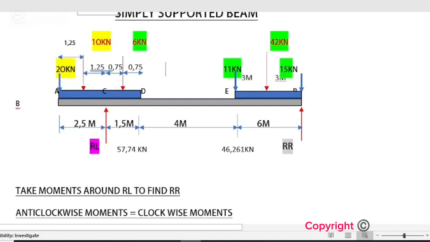Then now we are saying shear force at C. Shear force at C will be the answer minus this one.